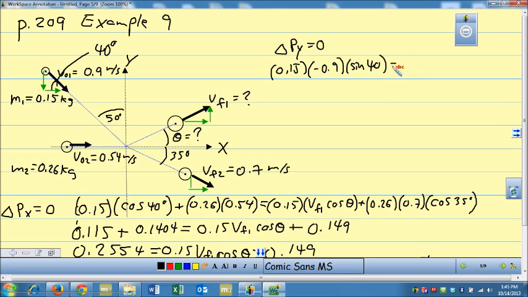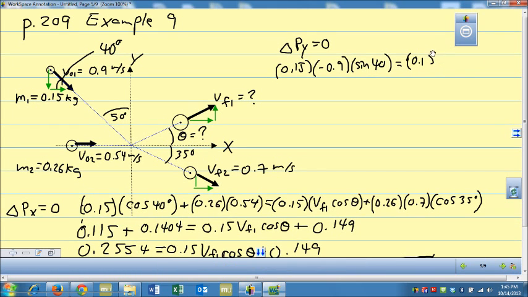Okay, so that's got to equal, and we don't have to worry about the second one because there's no y component here. It's only going in the x direction, so that doesn't come into it. So over here, we have the mass, which is 0.15.